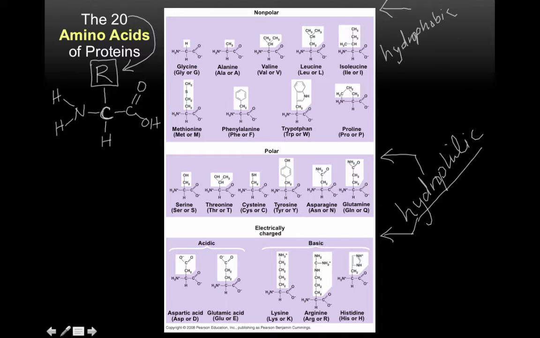Lastly, I just want to point out the difference in the way I drew an amino group and a carboxyl group, and the way these two functional groups or chemical groups are represented in the figure. Notice that I drew an amino group with an N and two H's, but the amino groups shown on the amino acids in this figure all have an NH3 and a positive charge.